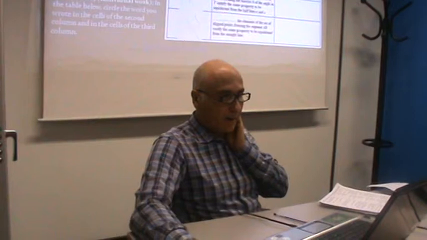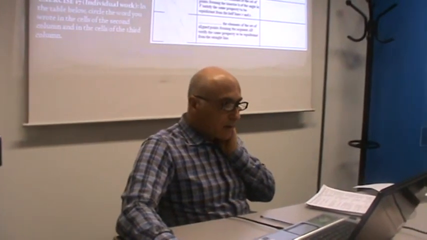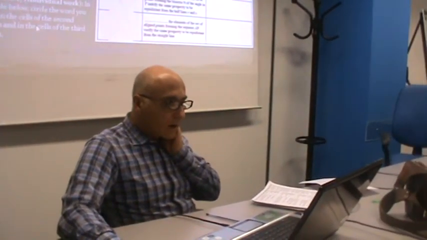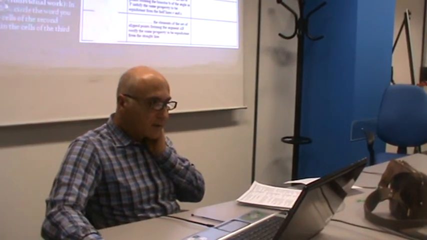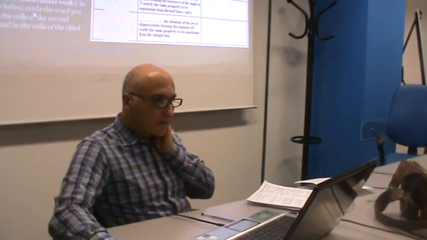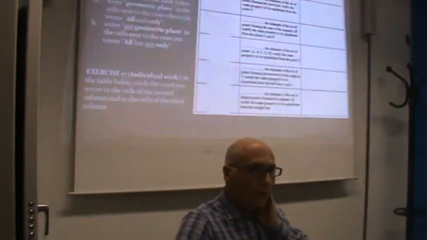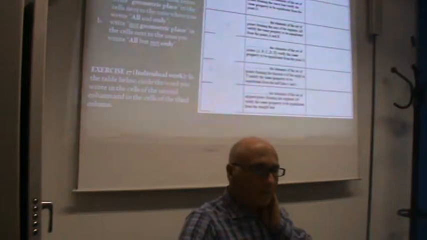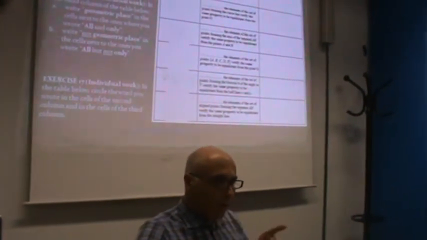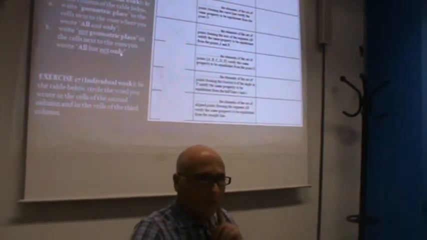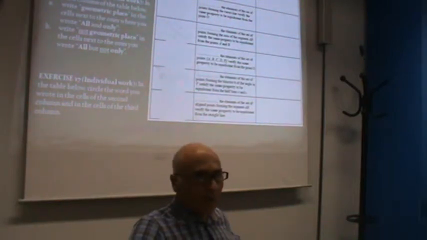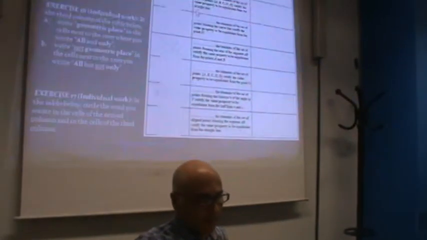In this exercise the concept of geometric place is implicitly introduced. And I like this exercise 17 because circling the word not only is associated with the not geometric place.